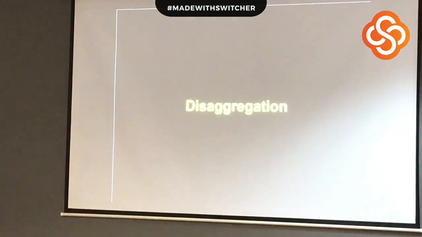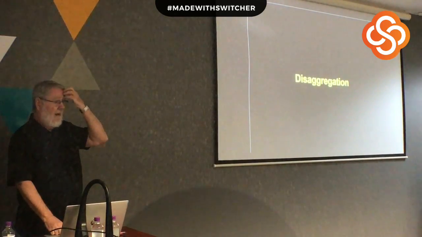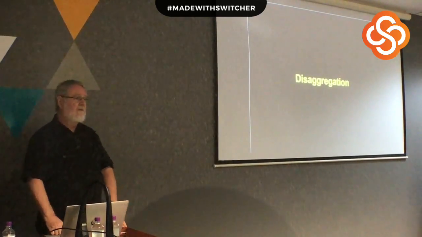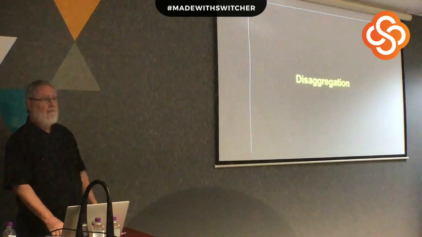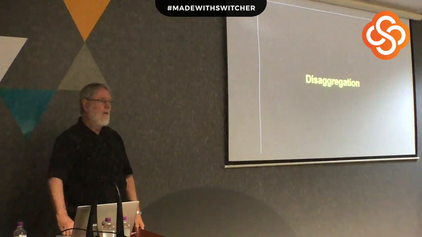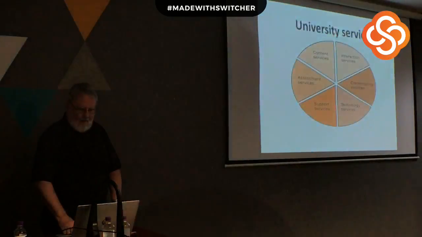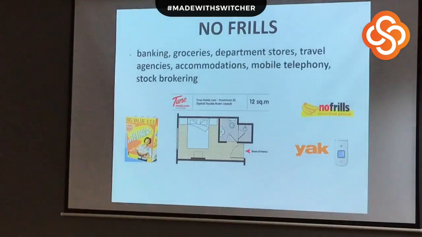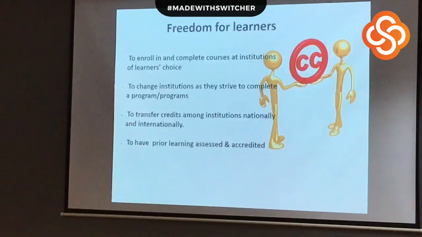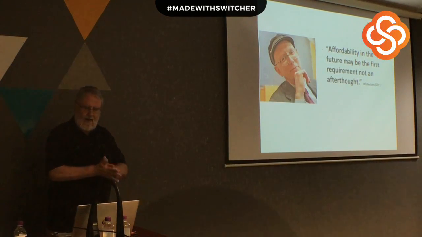Disaggregation is coming. Our university has just put all of our computer systems on Amazon. So we're not doing it at our university anymore, at least our main structured systems. And so these things can all be changed, but I'm running out of time, so I'll just finish up with these statements.